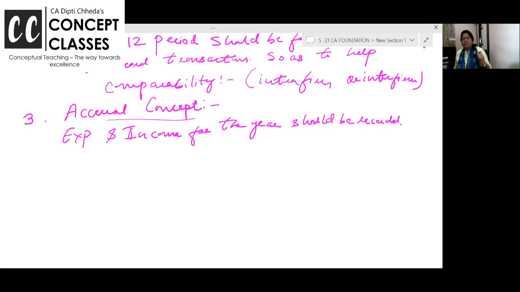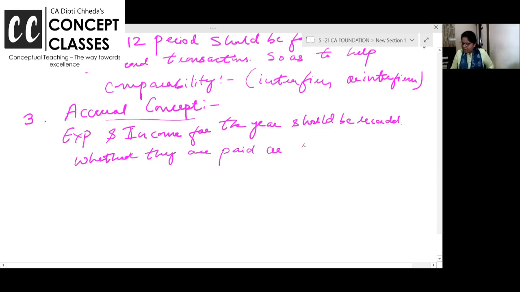Then the pen will not flow in the exam. You need to write nice language. These are asked in interviews also. Basic internship interviews, they go and ask: what do you mean by accrual concept? You have to say, sir, expenses and income for the year should be recorded whether they are paid or not, received or not. Paid or not, received or not.